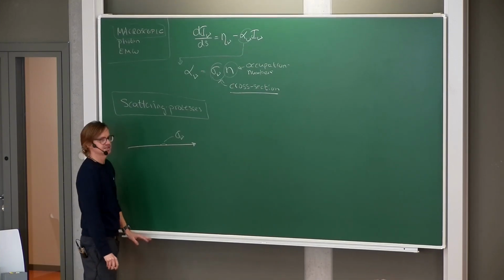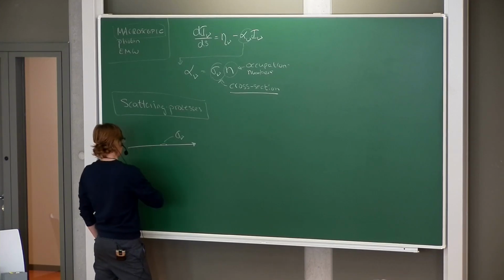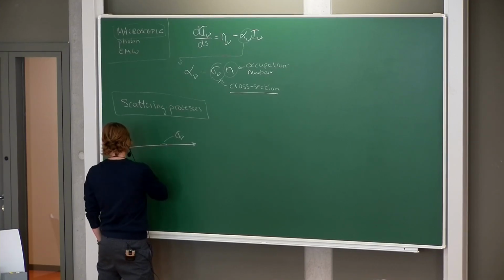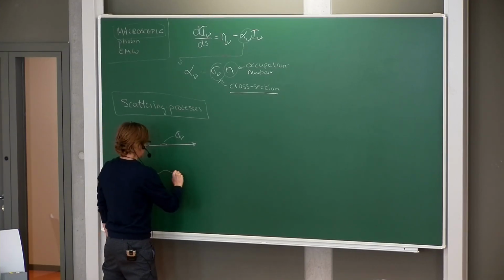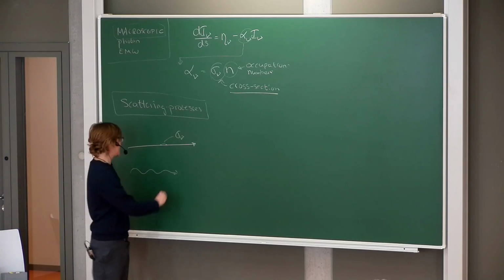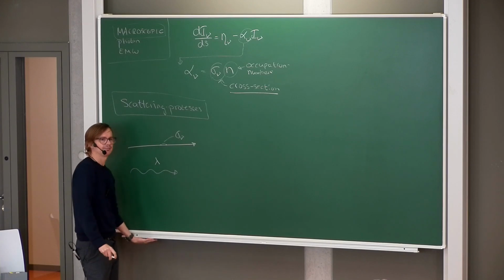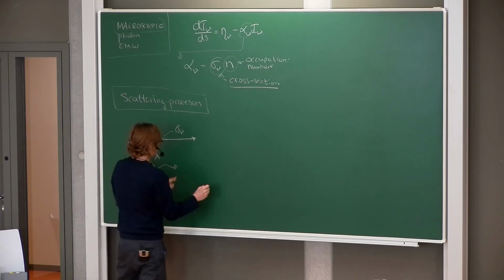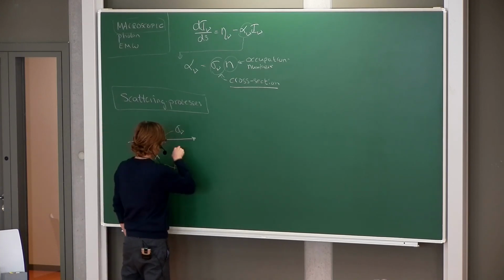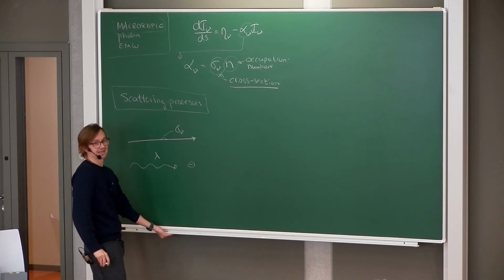Now we have to consider an incoming electromagnetic wave of light, with some wavelength lambda, and then we interact with the particles here, say some electron that we interact with.